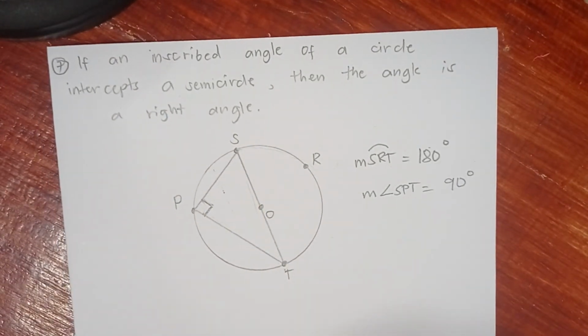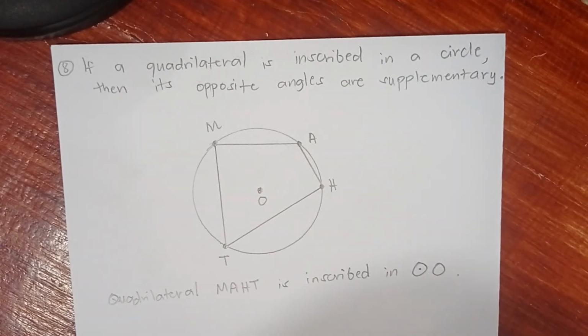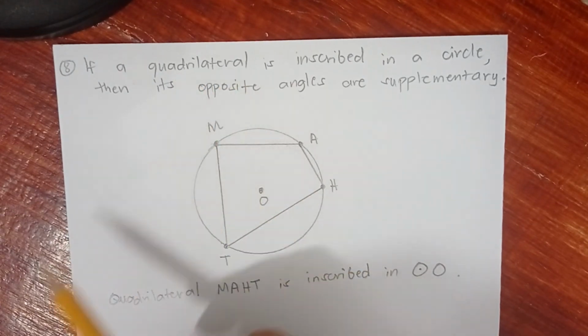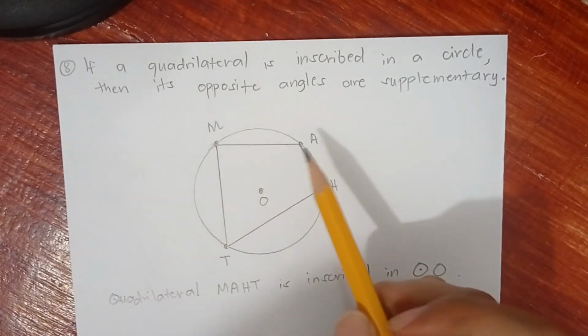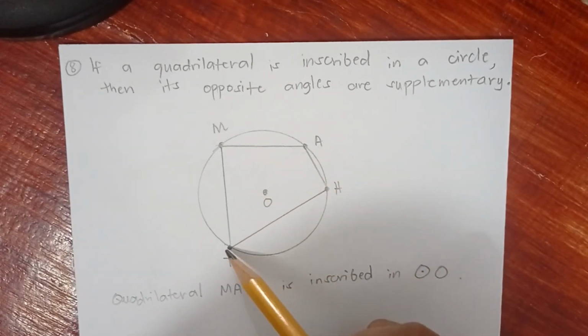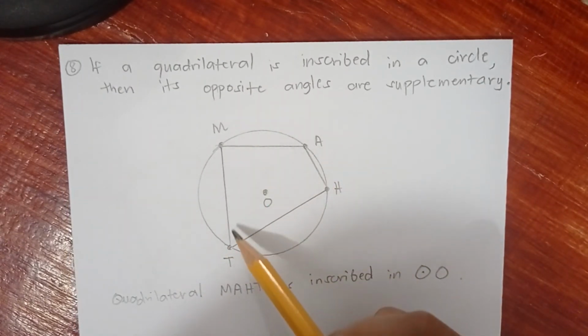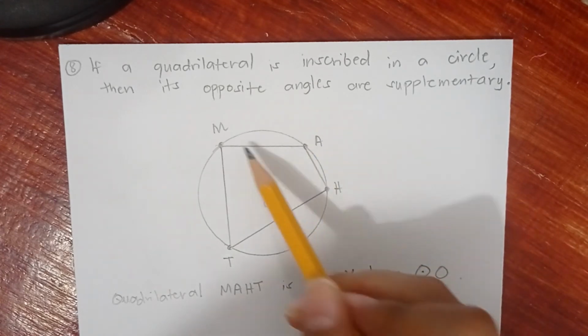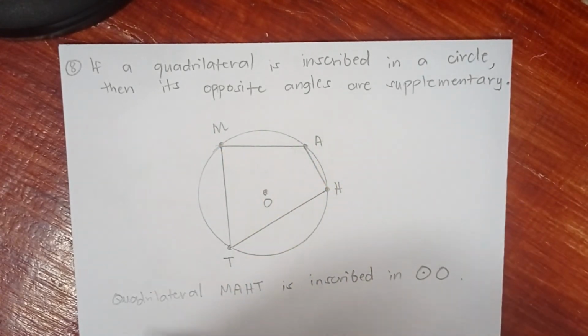Okay? For the last theorem, if a quadrilateral is inscribed in a circle, then its opposite angles are supplementary. So, pag sinabi natin quadrilateral, it is a polygon with 4 sides. So, kung meron ka daw quadrilateral na naka-inscribe, ibig sabihin nasa loob ng circle, then its opposite angles are supplementary.